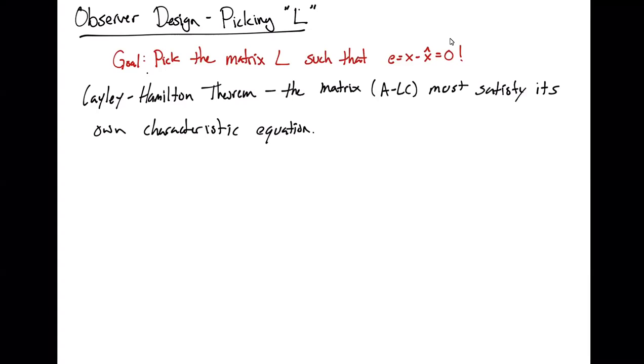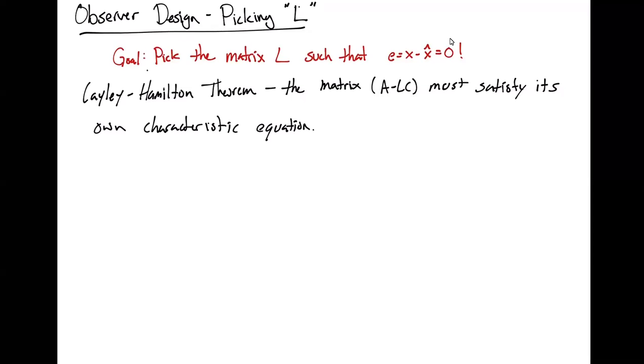Okay, so the characteristic equation is, again, the eigenvalues that we want our system to satisfy. So essentially what we can do is we want to find L, right? We have A, we have C, and then we have the eigenvalues that we want our system to satisfy. So we plug in the matrix into our characteristic equation, and then we evaluate that, and then that'll give us the result.